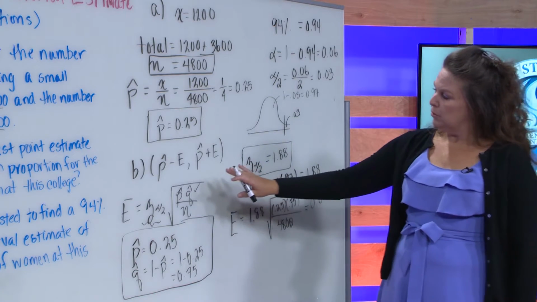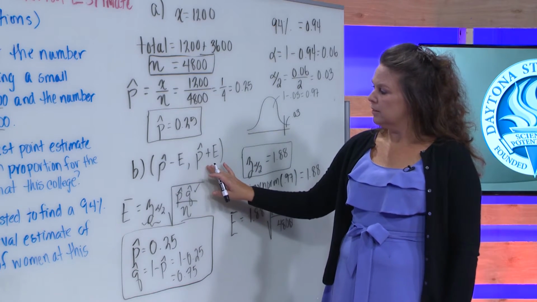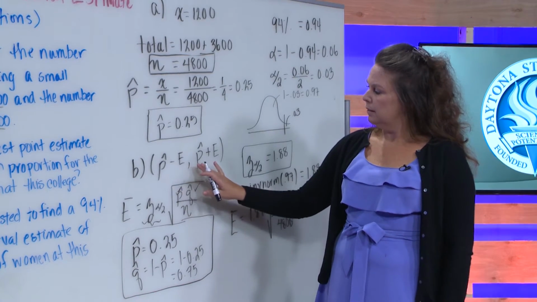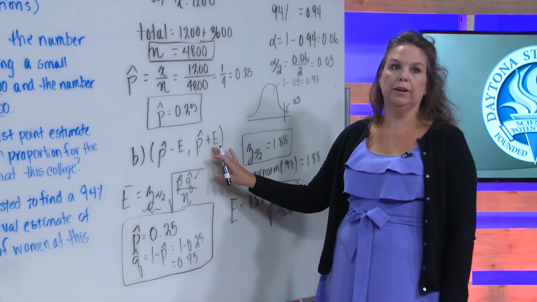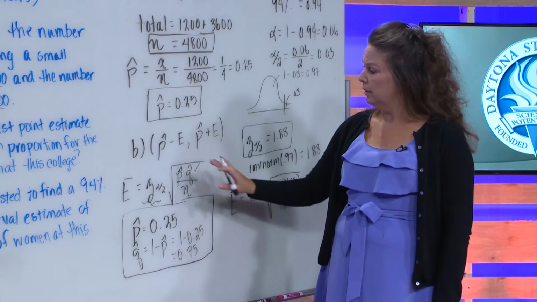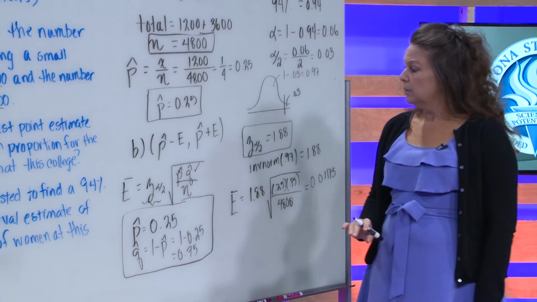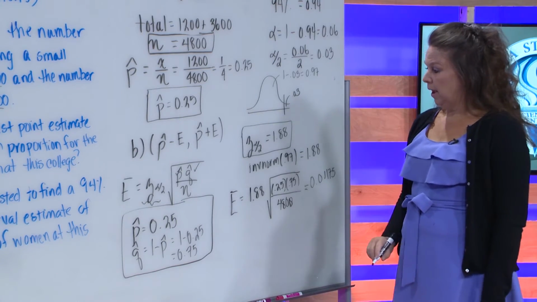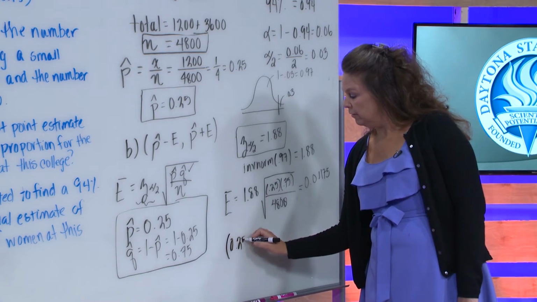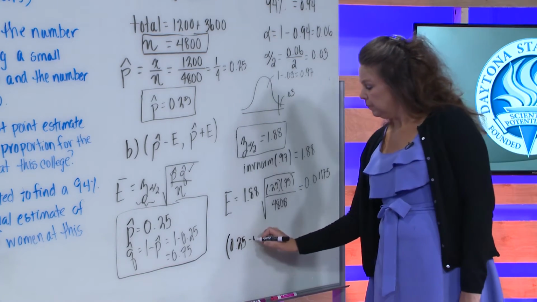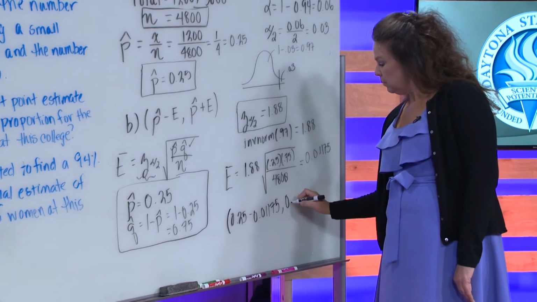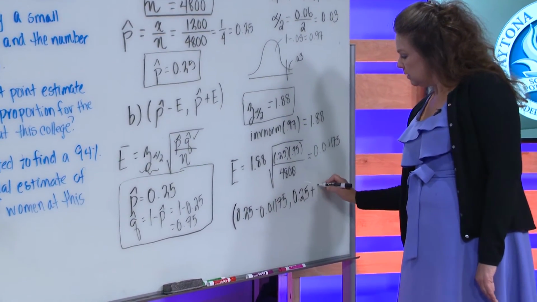Now that's the margin of error. I want to compute the confidence interval estimate here, and that is P hat minus the margin of error, P hat plus the margin of error. I know my P hat, which is 0.25, and I know the margin of error. So I take P hat minus the margin of error, that's 0.25 minus 0.01175, and P hat plus the margin of error.